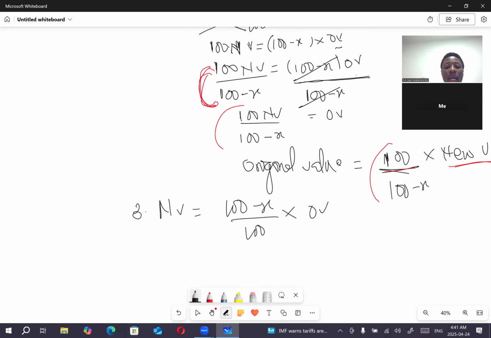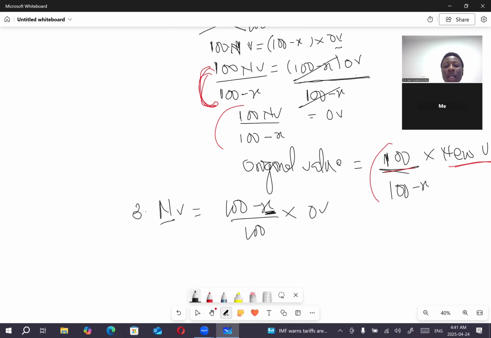So NV is equal to, guys, we're looking for X. Pay attention. We are looking for X, the depreciation rate. There are questions that will ask you to find the depreciation rate. But you see, the same thing I said, the whole thing is not linear.